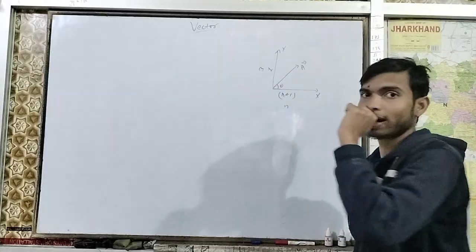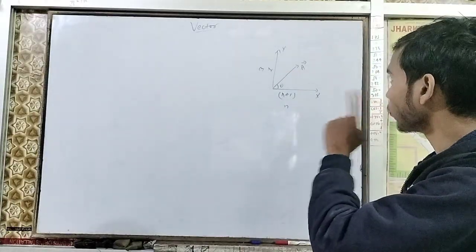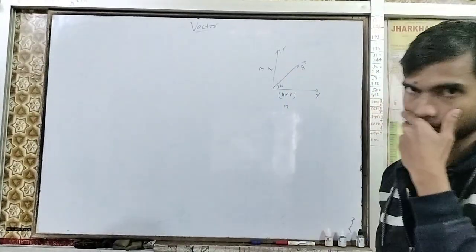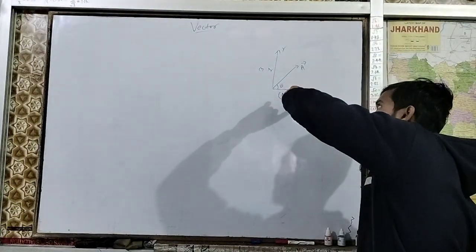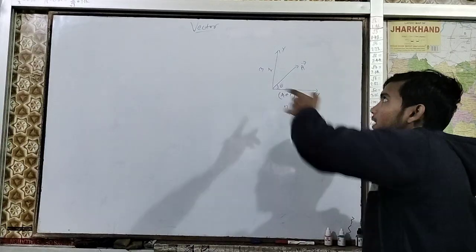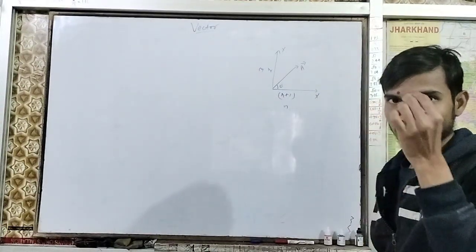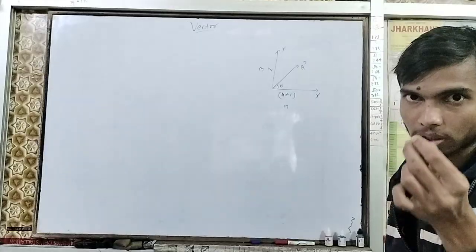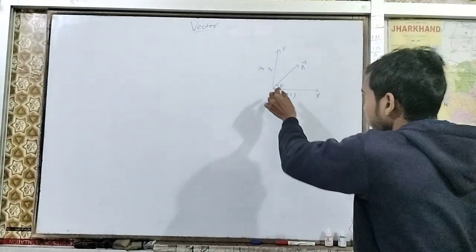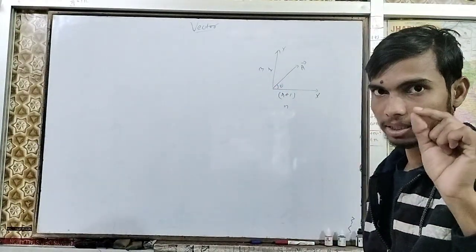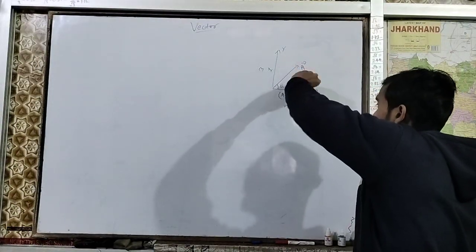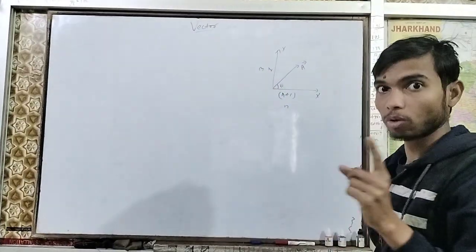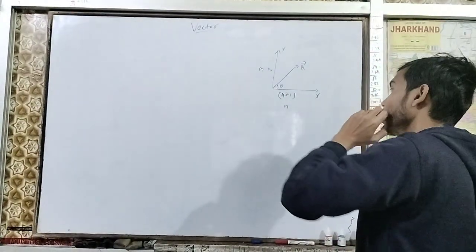Another component of vector a, which is 1, is along the y-axis. Now the twist is that you have to rotate this xy system about a fixed origin by an angle of 60 degrees.